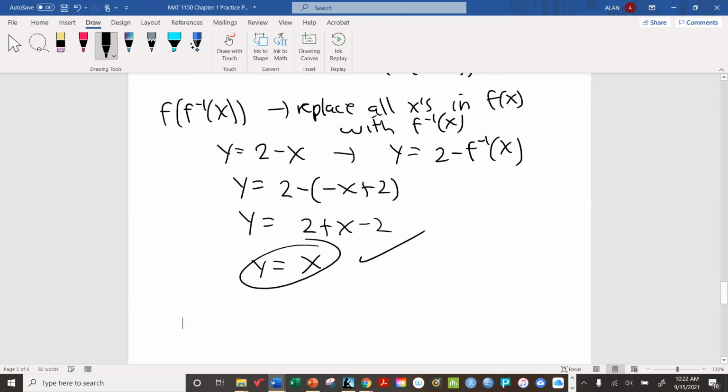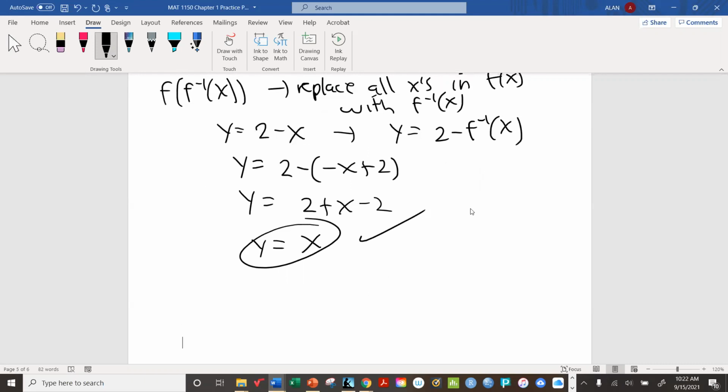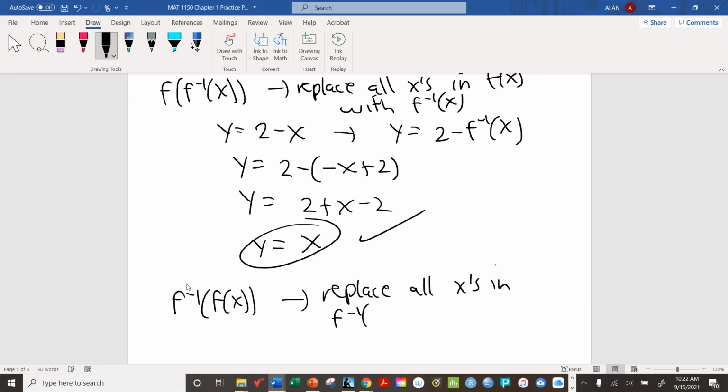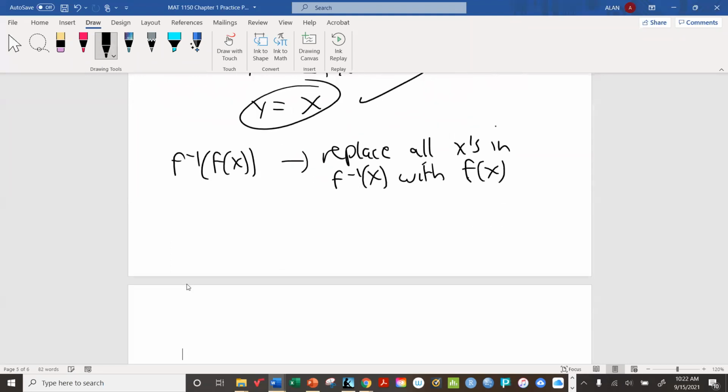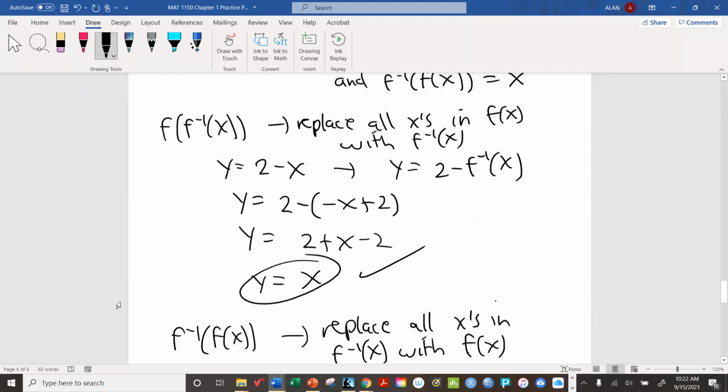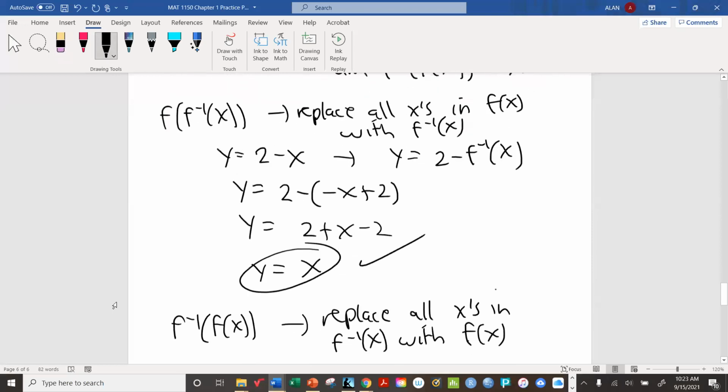Now we have to do the other half of this. f inverse of f of x means replace all x's in the inverse with f of x. Okay, so we're claiming that the inverse is minus x plus 2.